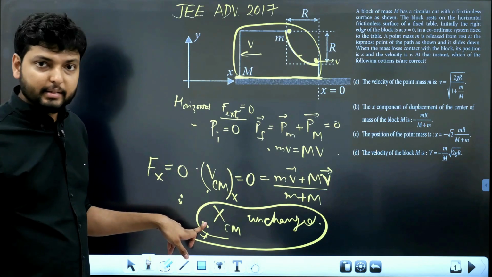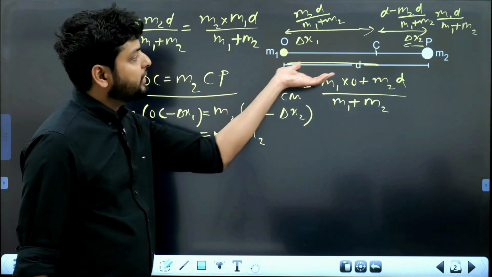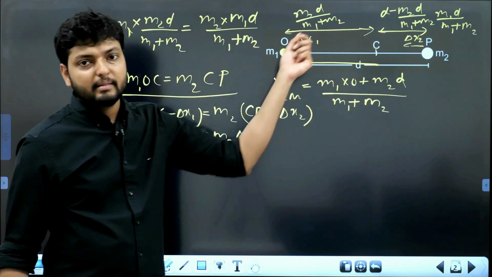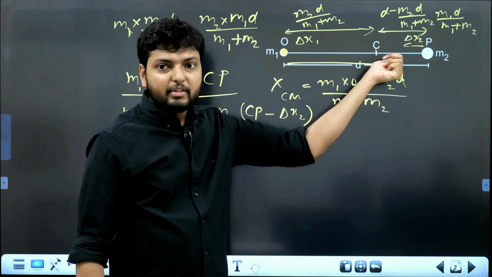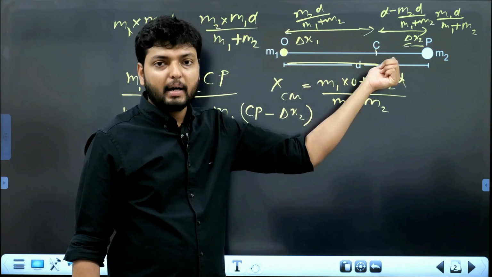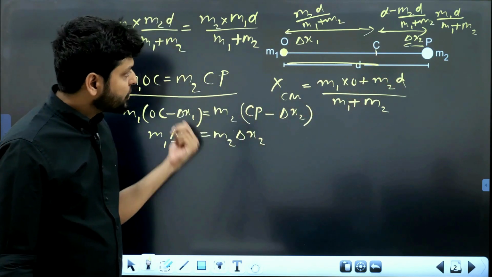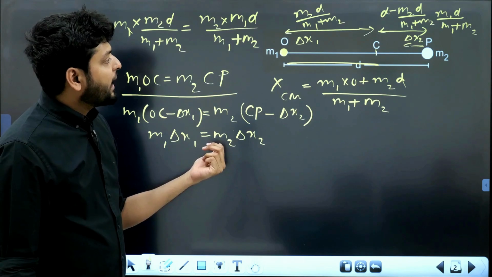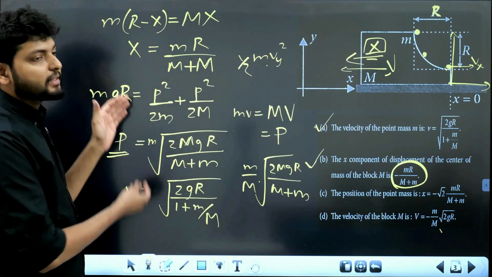It cannot be changed. Then we used the concept of inverse division, right? Center of mass divides the line joining the masses in this ratio. So we use that, and then we used conservation of energy, right?